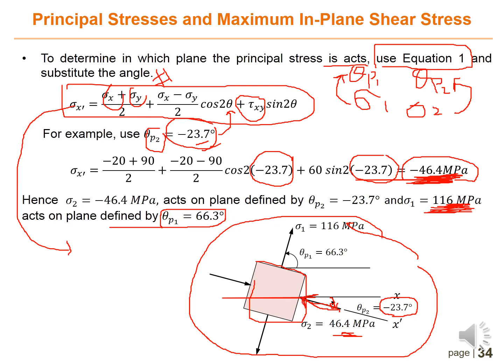Then for the other plane, this is the x axis and this is the x prime axis. The plane is rotated about 66.3 degrees counterclockwise, and the maximum in-plane normal stress here is equal to 116 megapascal.